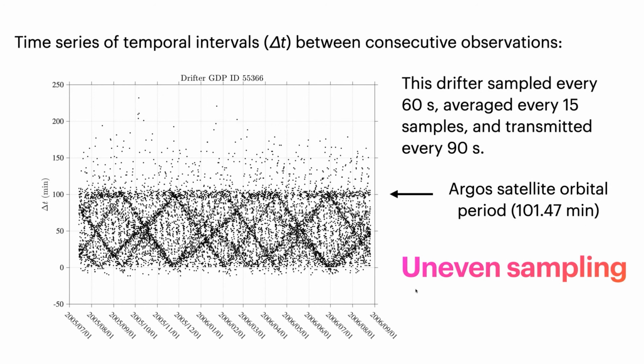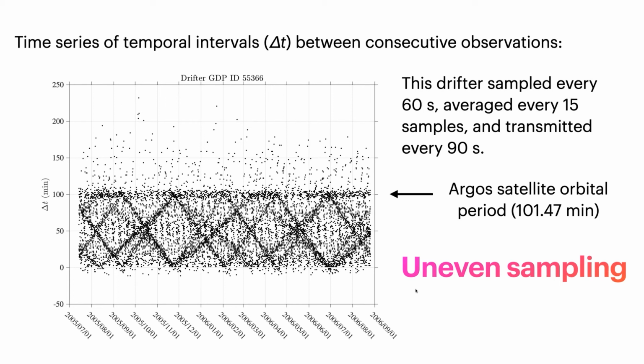The second thing that I would like you to realize is, as an example, you can plot a time series of temporal intervals between consecutive observations of SST on the drifter. So as an example, this drifter was sampling SST every 60 seconds. Every 15 minutes, it was averaging those 16 samples, and it was transmitting its data every 90 seconds.